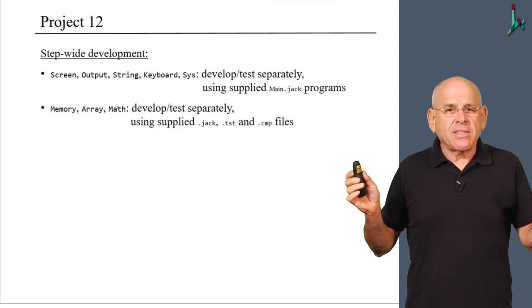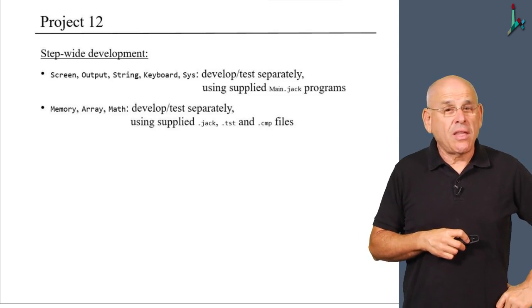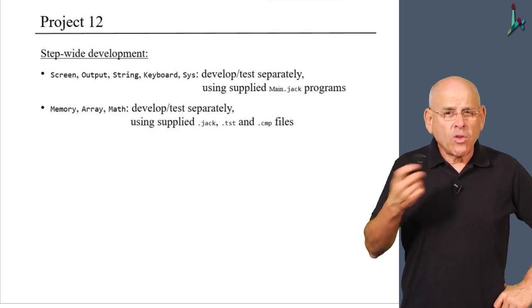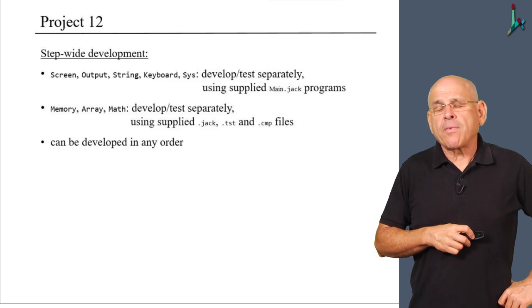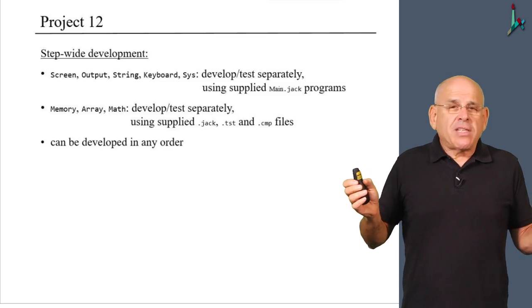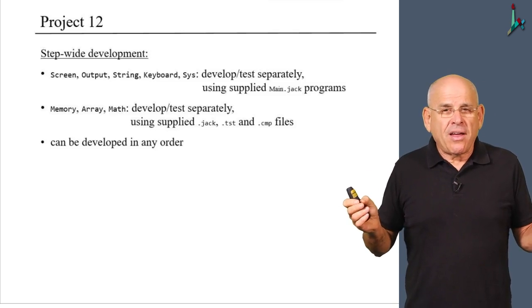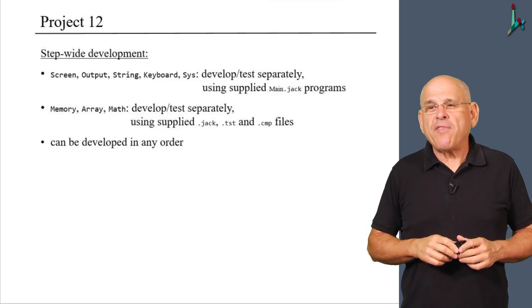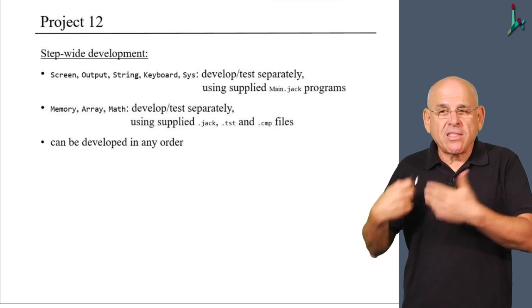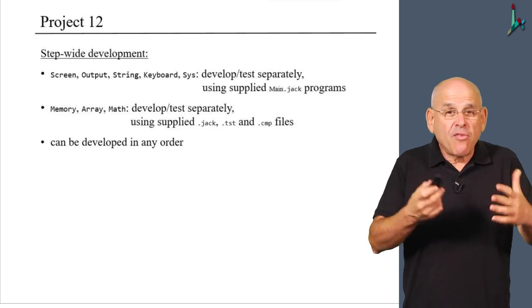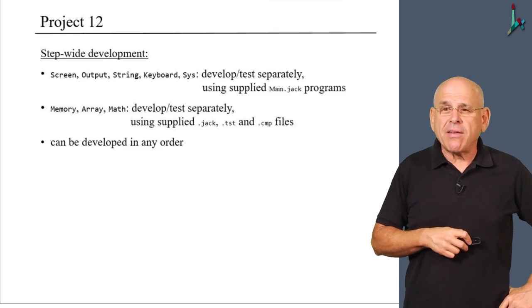And all the details are in the project page on the Nand to Tetris website. So I don't want to belabor it because you can just go on and read it yourself. Now, any one of these classes can be developed in any order that you fancy, because you can always use the remaining 7 classes to support it by default if you use our VM emulator.